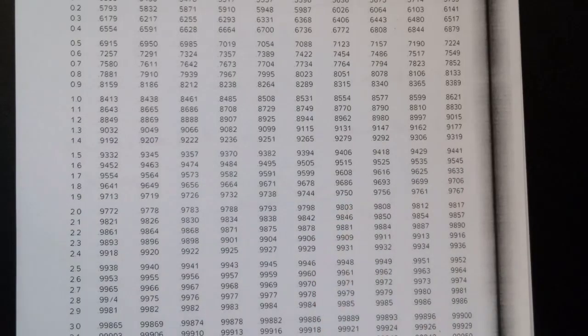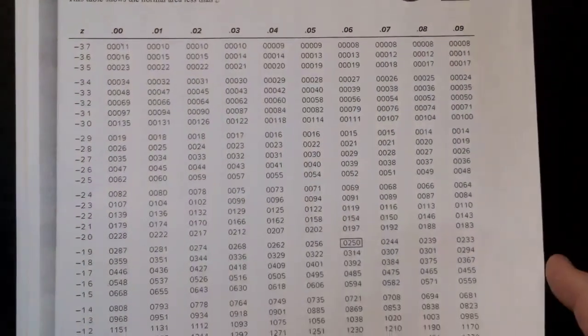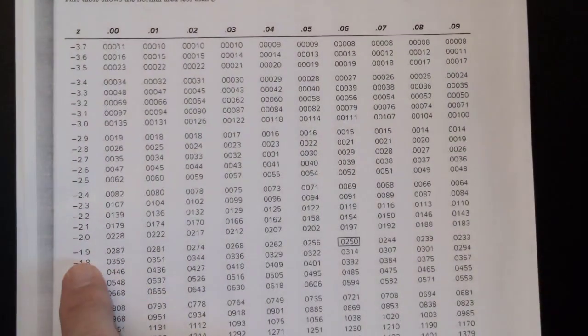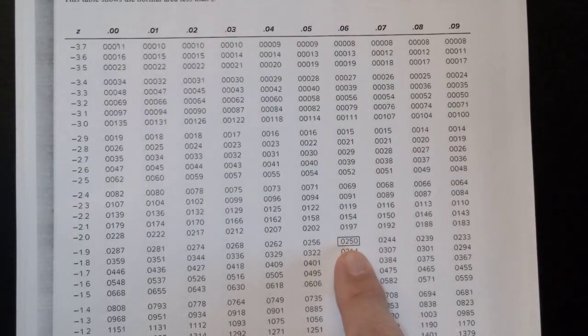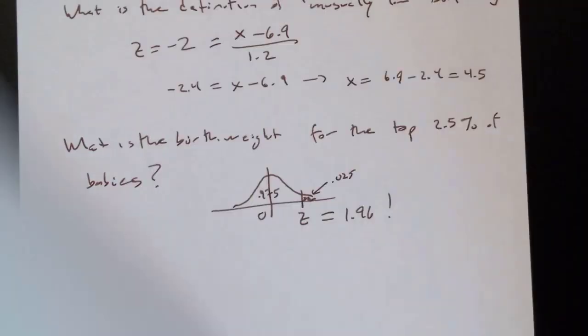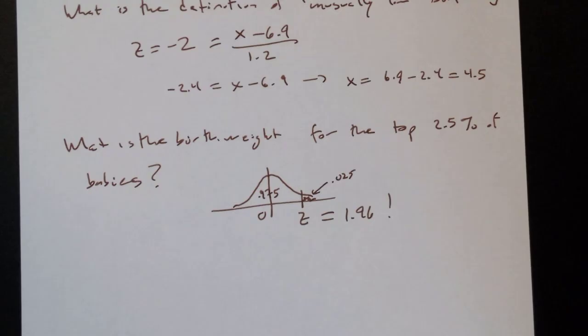What you will see on the negative side of the chart is negative 1.96 as the box for 0.0250. That's the mirror image of the picture we drew. But in either case, that's a value we're going to use a lot. Well, now I do the same thing we just did and figure out where the cutoff is, what the weight is.